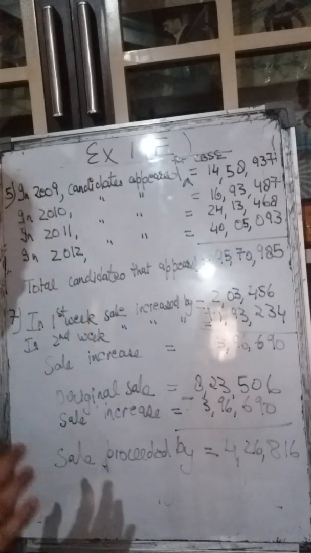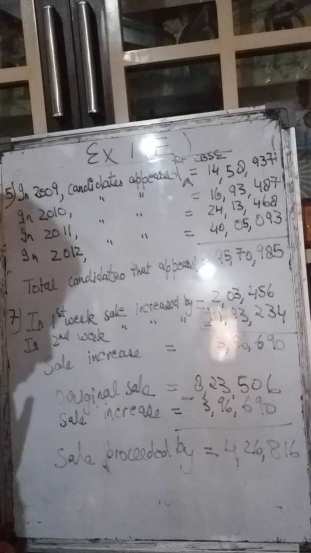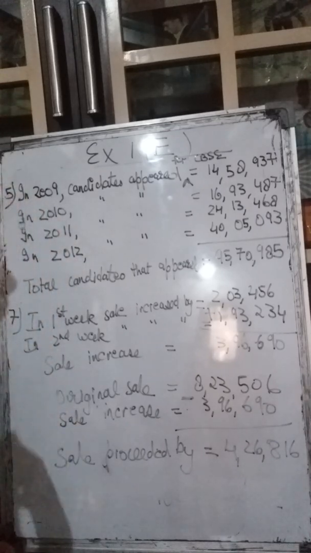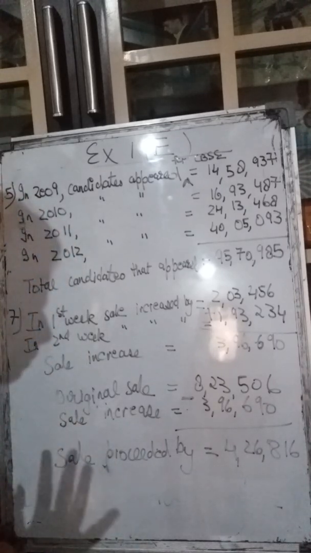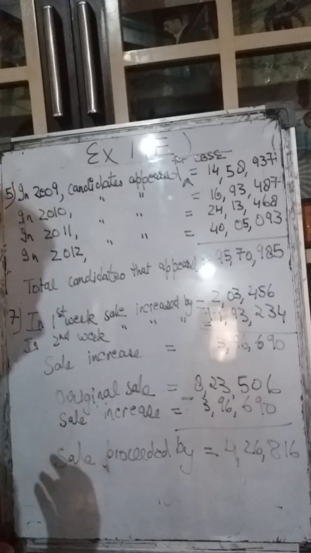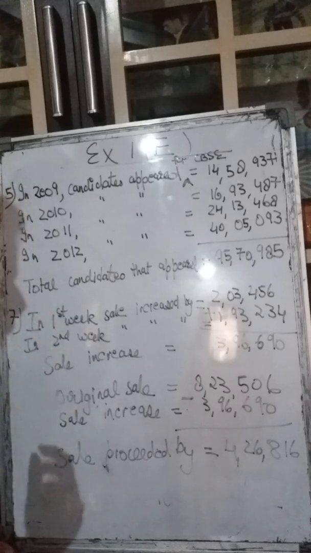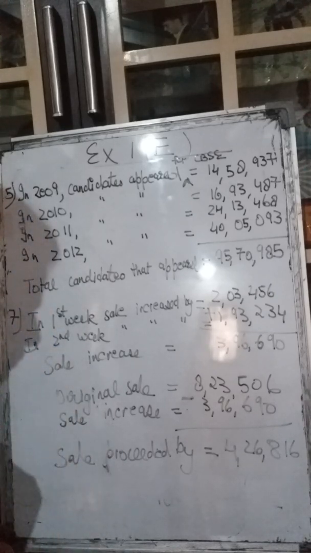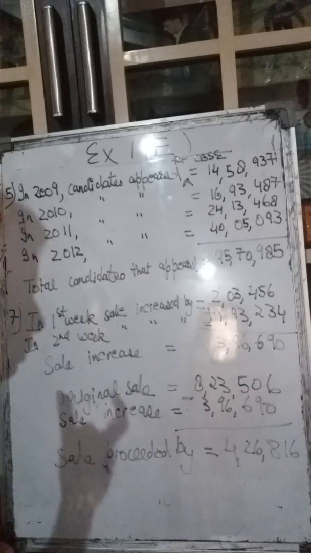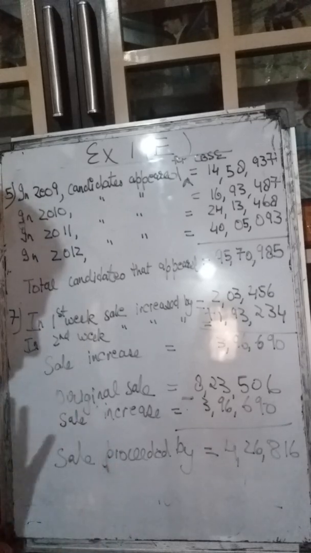See, for example, we can say that I have a sale of rupees 10, right? Then in the first week till March I was having rupees 10 sale, I have apples and I sold it for rupees 10. Now when April came, in the first week I increased my sale by 2 rupees, and in the second week I increased the sale by 4 rupees. So how much was the total sale increase? 2 rupees plus 4 rupees, 6 rupees.